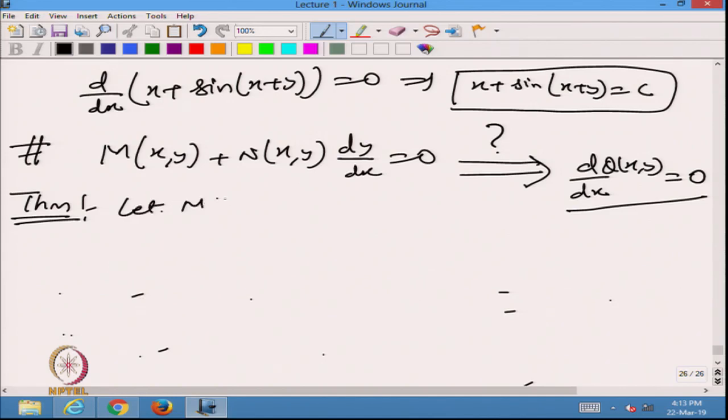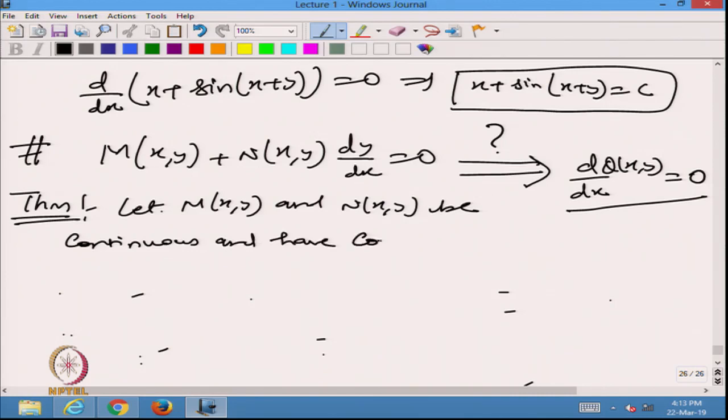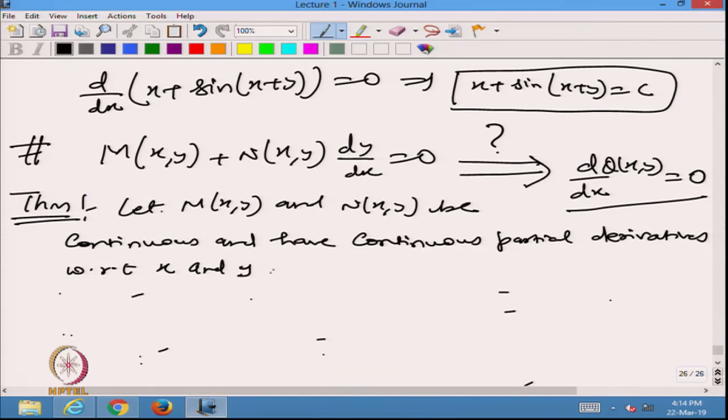Let M(x, y) and N(x, y) be continuous and have continuous partial derivatives with respect to x and y in some domain, region R. We define R as (a, b) multiplied by (c, d).